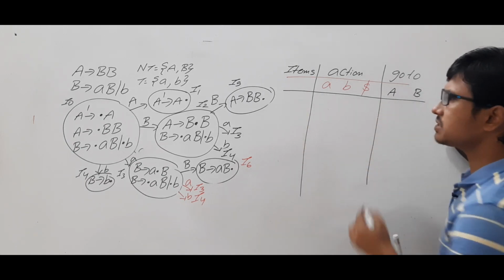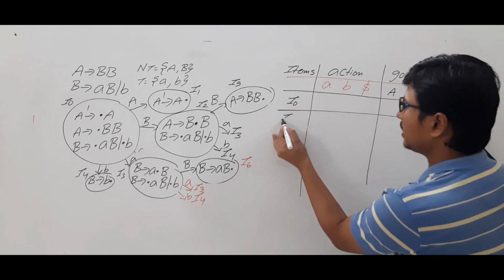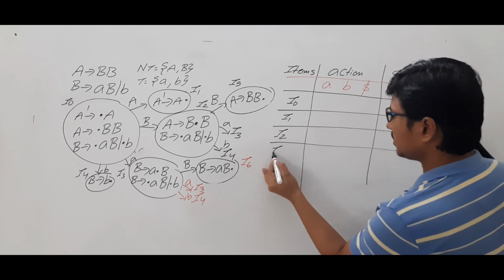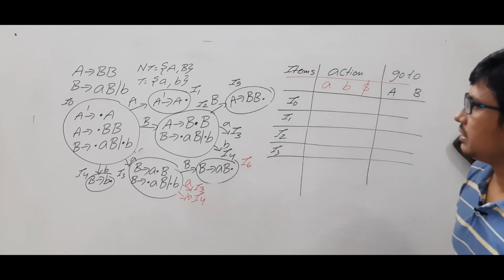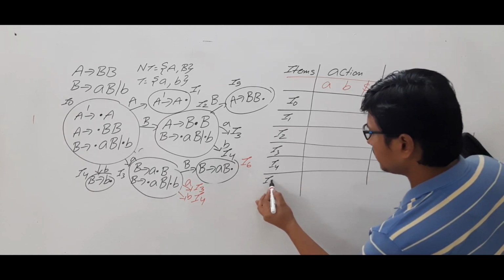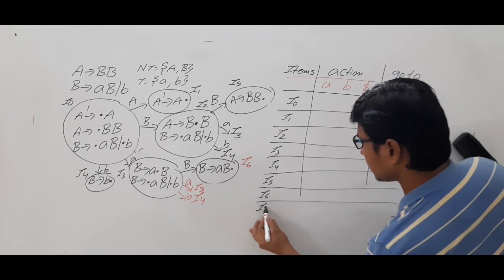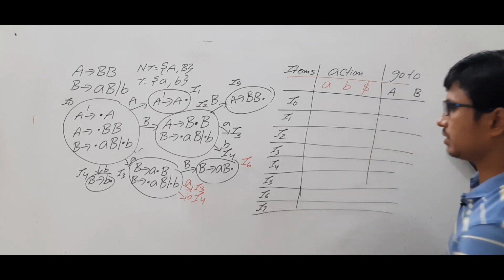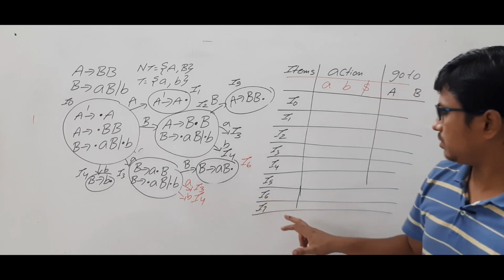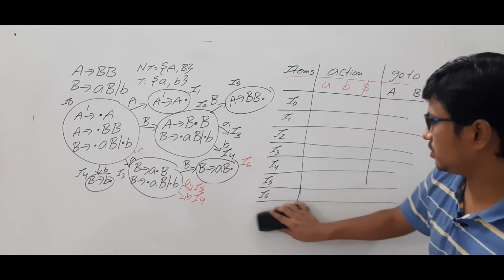Now, how many items are there? I0, I1, I2, I3, I4, I5, I6, I7 is there. Sorry, I7 is not there, only I6 is there. Is it clear? Sorry for that.